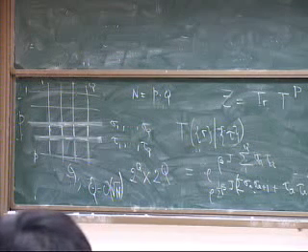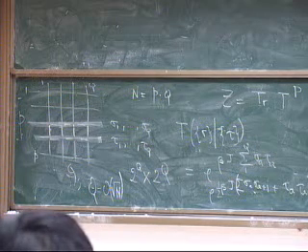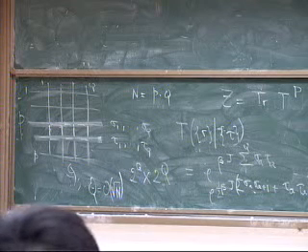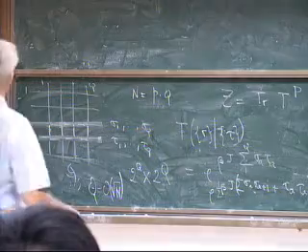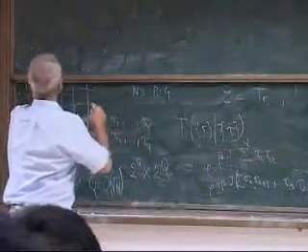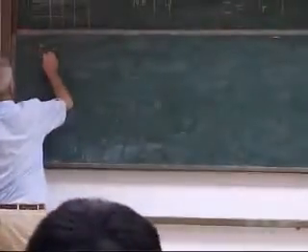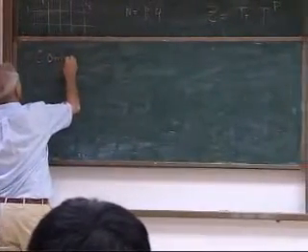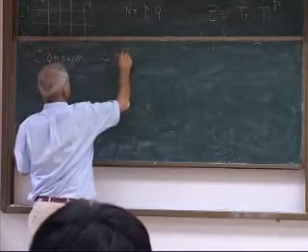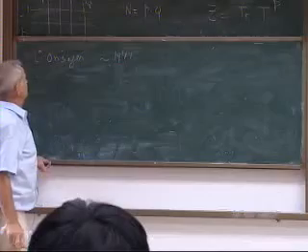I'm not going to diagonalize this matrix to find the eigenvalue. It has been done. It's a historical solution by Lars Onsager, 1940 something, 1941, something like that.